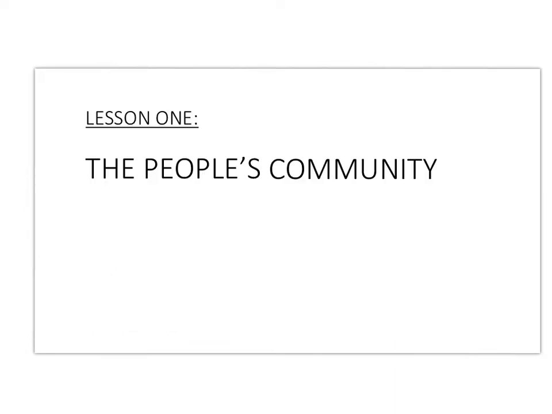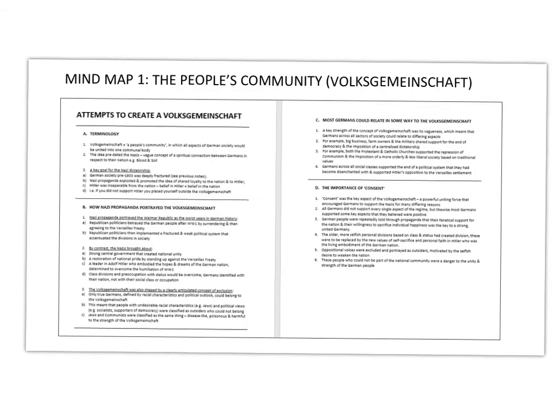Yes, we are. So lesson 1, the people's community, also known as the Volksgemeinschaft. That's the German word for it. Try to use that word when you're writing about it, and notice the spelling: Volksgemeinschaft.